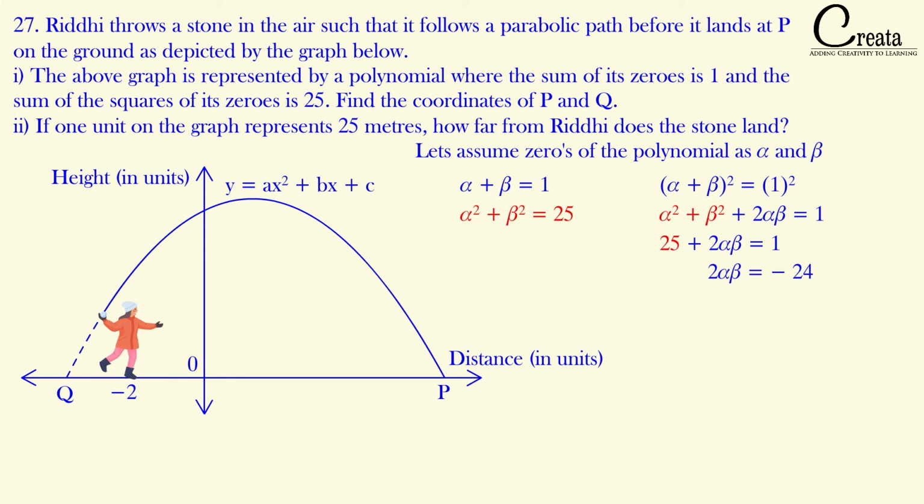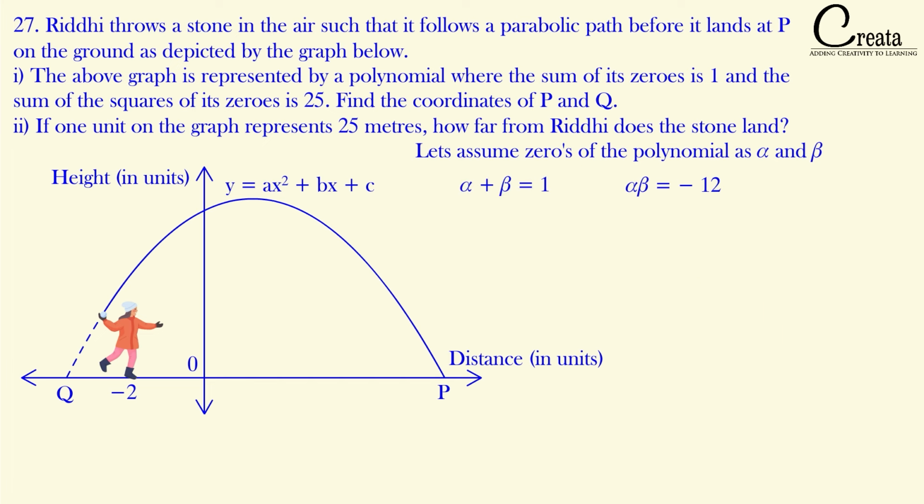On solving, we got alpha into beta as minus 12. Okay, we got the product of the zeros of the polynomial. In the question, the sum of the zeros is already given as 1, that is alpha plus beta is 1, and the product we have calculated as minus 12.